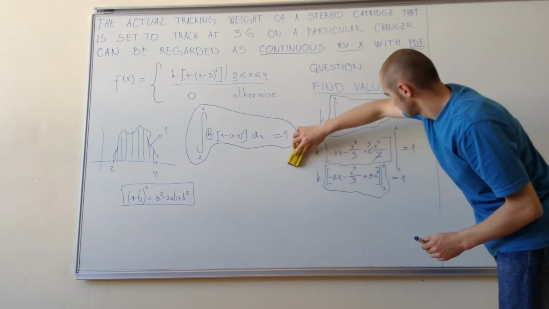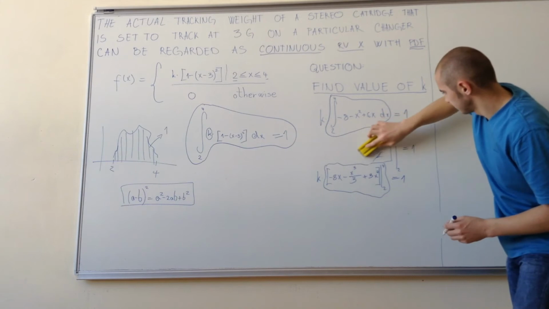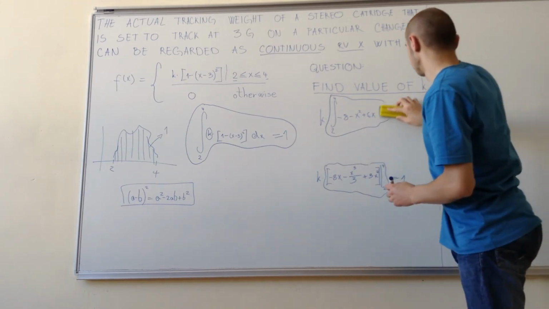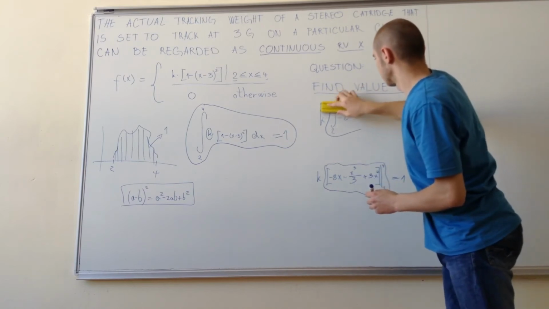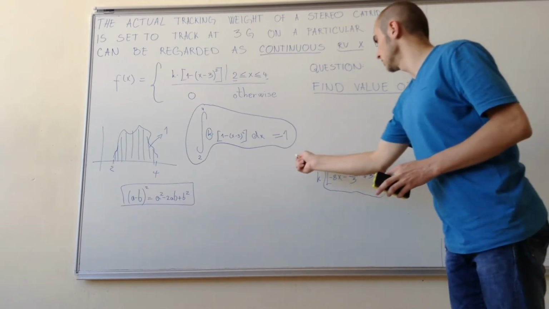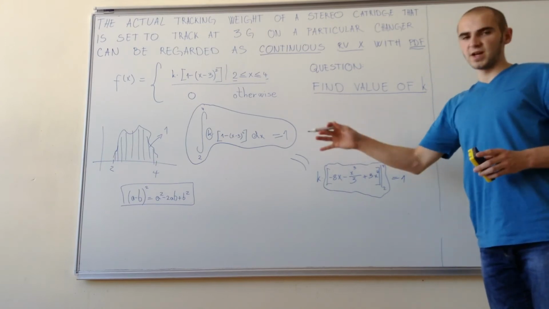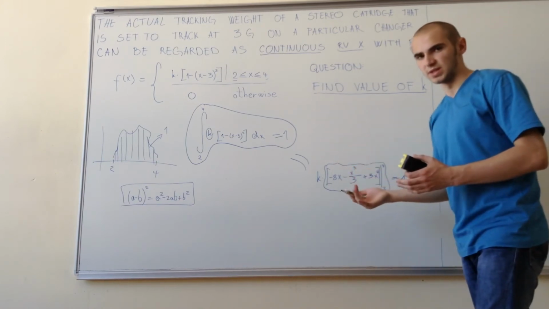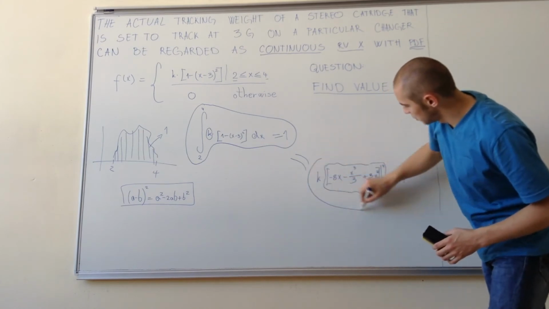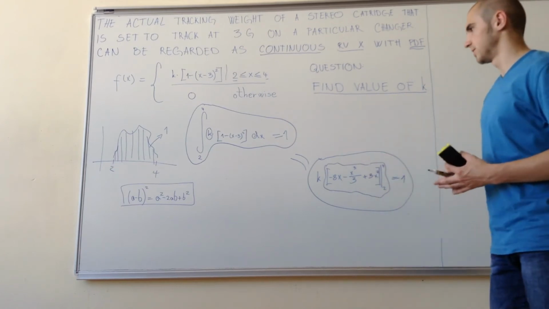But this part here, which is circled already, is indeed really useful. So we know that this equals to this. So instead of calculating this integral all over again every time we are calculating the probability, we will just use this part here. That's why I will rewrite it down here.